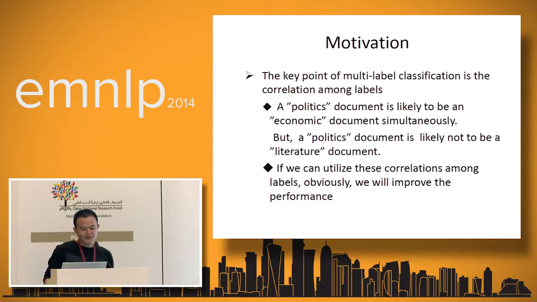The key point of multi-label categorization is the correlation among labels. For example, a political document is likely to be an economical document, but a political document is likely not to be a literature document. So if we can use this correlation among labels, we will improve the performance.